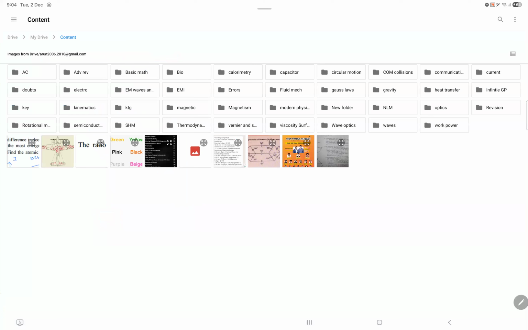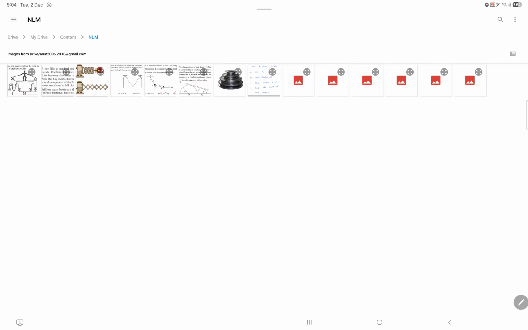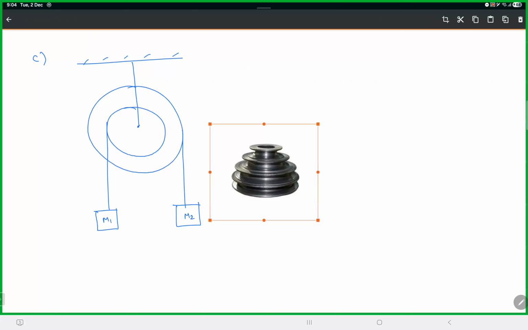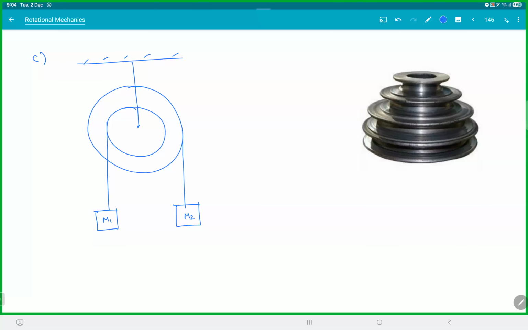So these pulleys actually have different levels. Can you see how it is? So depending on where you're keeping, you have different radius here.